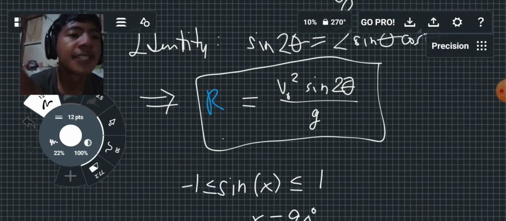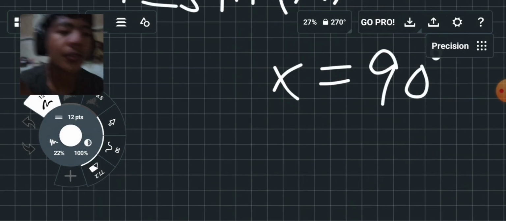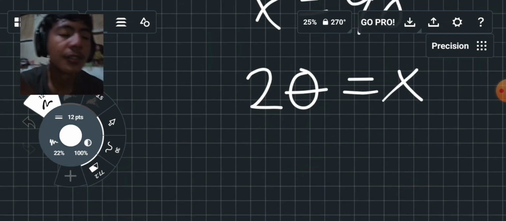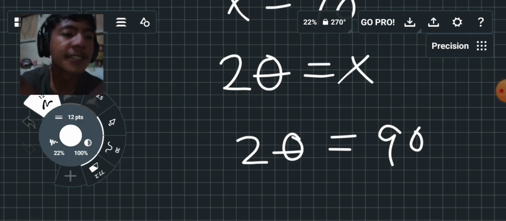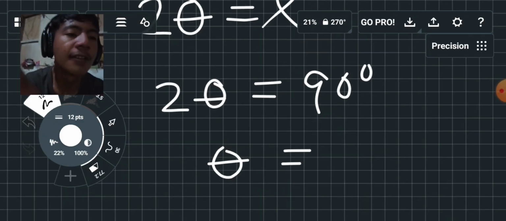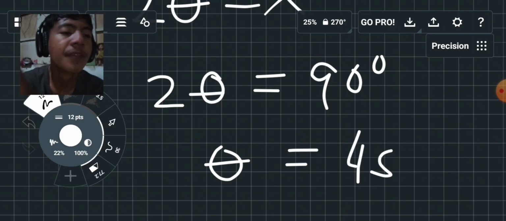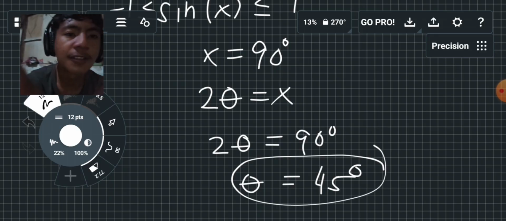Since we have here 2 theta, 2 theta equals 90 degrees, and therefore the angle we can use for maximum range is 45 degrees. So that's a very good addition.